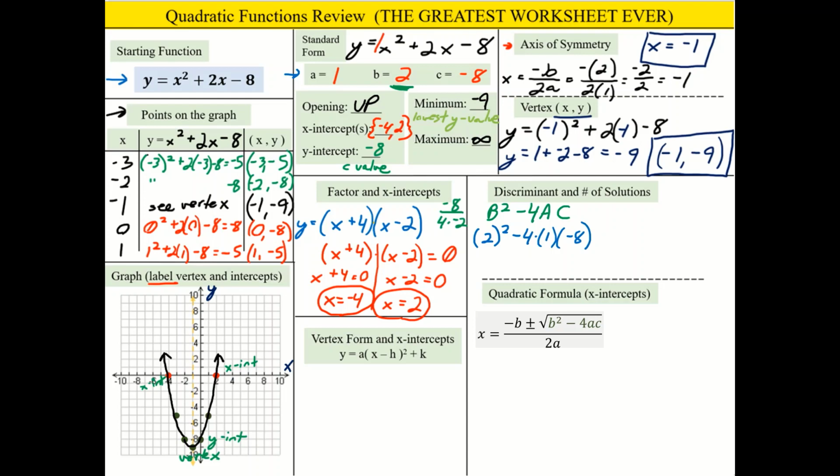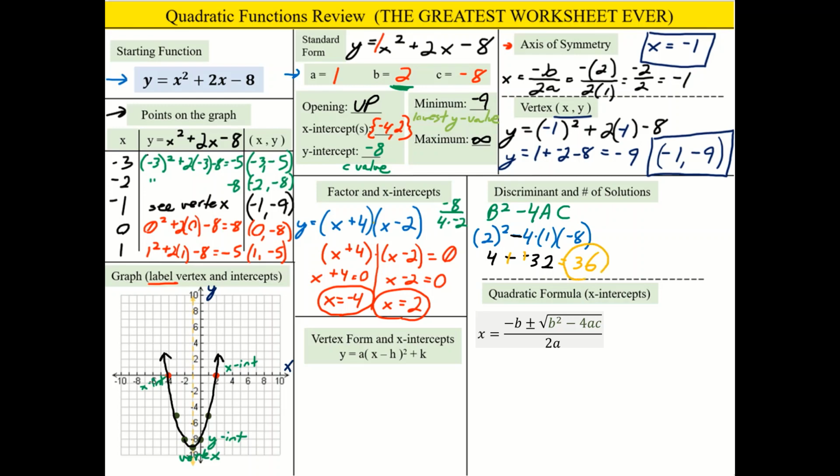Now, do this without a calculator first, then confirm with the calculator. So 2 squared gives us 4. This minus here gets rewritten. 4 times 1 times -8 is -32. So if I'm subtracting -32, I can add the opposite, and that gives me 36.